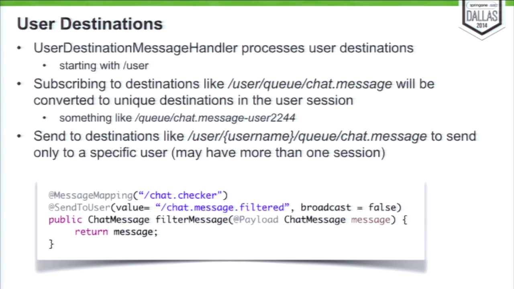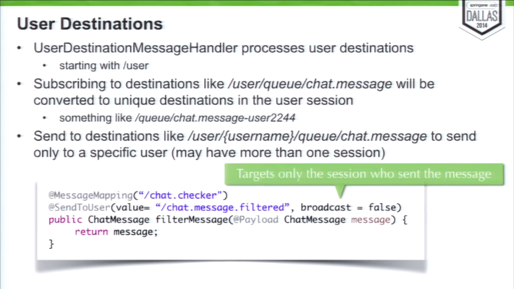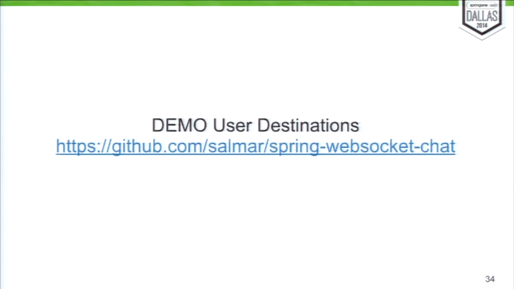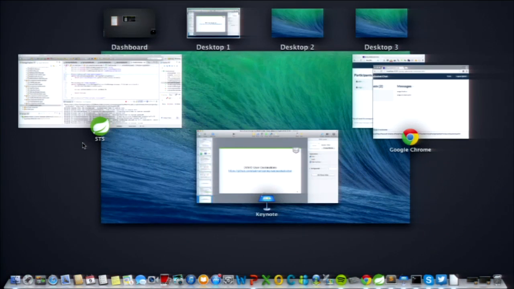By default, this send to user annotation will send the response to the same user session. But you can send messages directly to other users, not only the ones in the same session. We're going to see that using the messaging template, you can send messages to any user in your application.